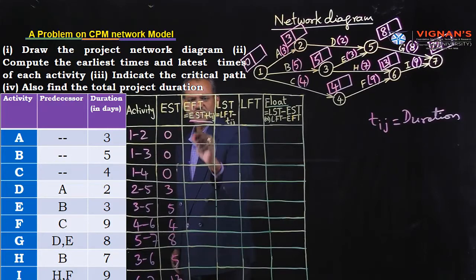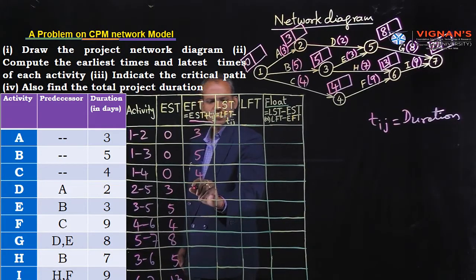Duration is 3. 0 plus 3, 3. Next, 0 plus 5, 5. 0 plus 4, 4. Next, similarly for D, EFT is equal to 3 plus duration of D activity 2. 3 plus 2, 5. Next, 3 to 5 means which activity? E activity. 5 plus activity duration. How much? 3. 5 plus 3, 8.